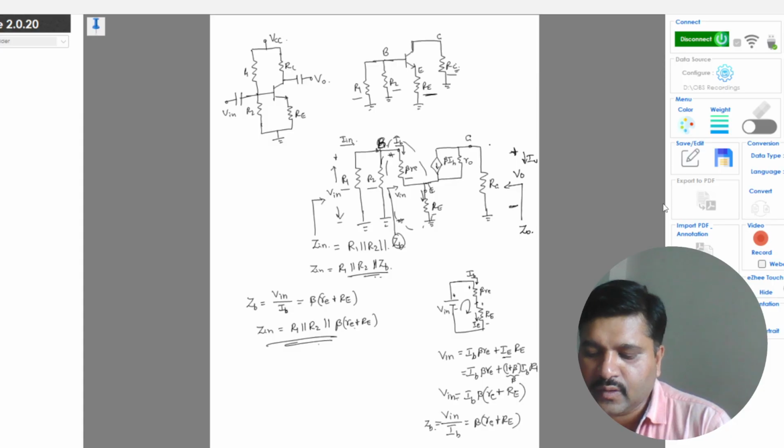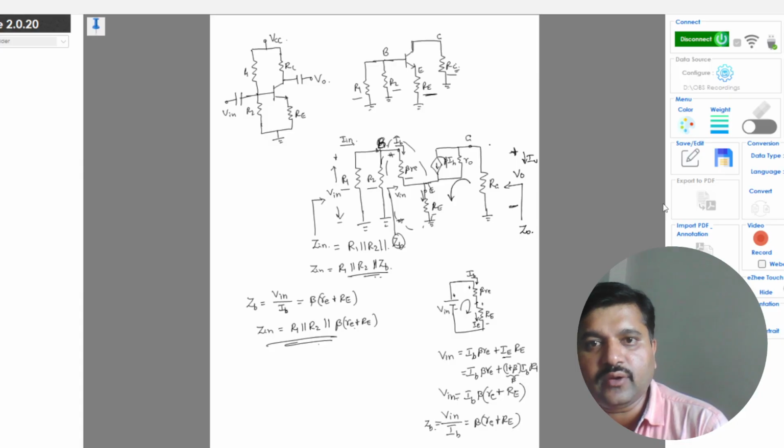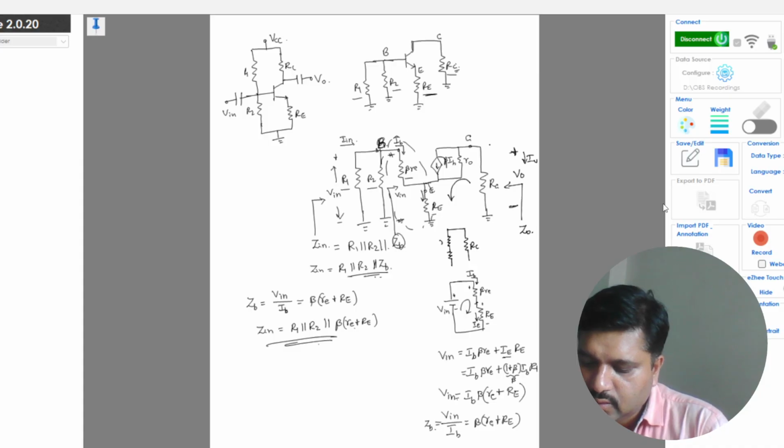Beta re will again be 0, because your Vin is 0, so IB will be 0. So here what you have is this part of the circuit, and again the current source will be open, so this beta IB will be open. So what you have here is R0, capital RE, in parallel with RC.